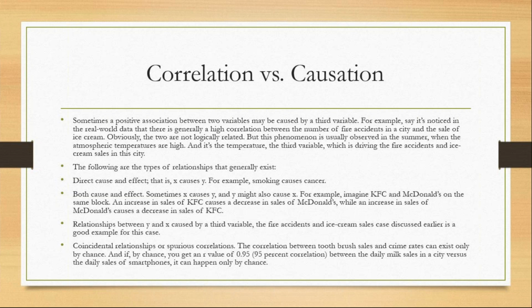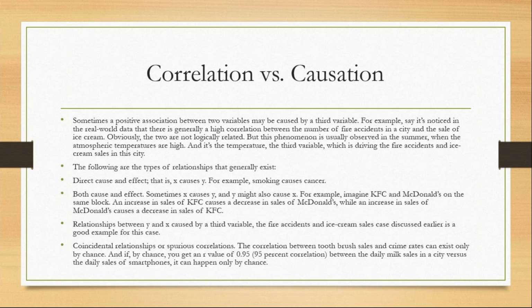So let's say the increase in sales of ice cream is correlated to the number of fire incidents, the fire breakouts that have happened in a year. So, considering the time of the year or a month, let's say in the month of May, my number of sales of ice cream has gone up, and also the fire incidents have gone up.